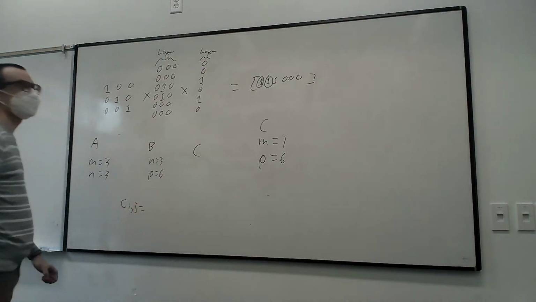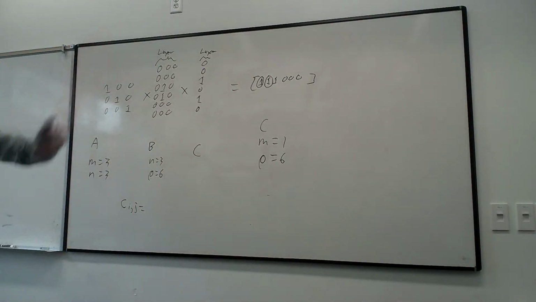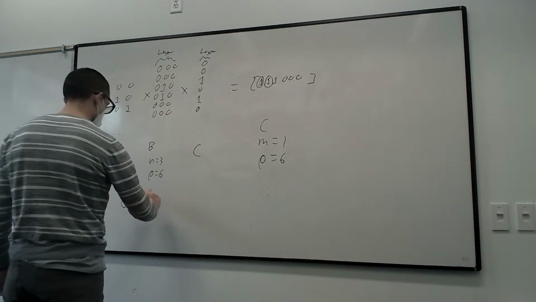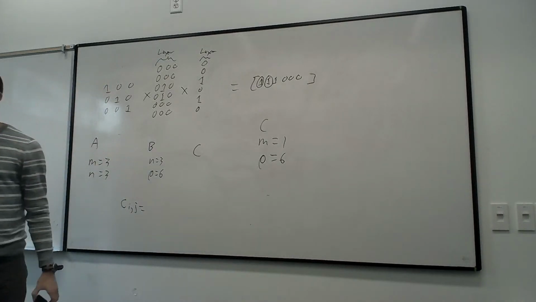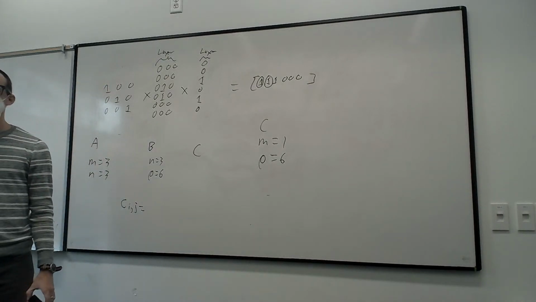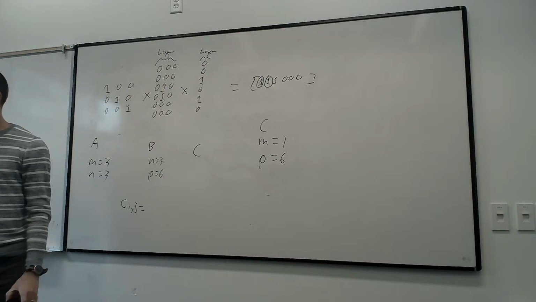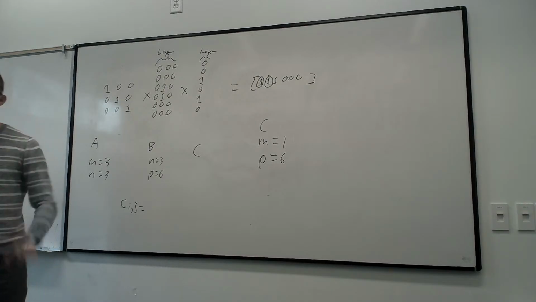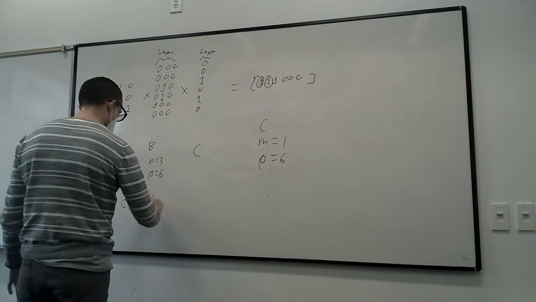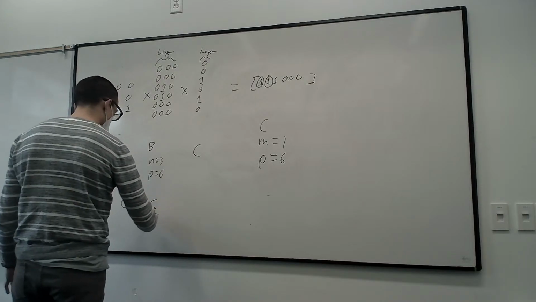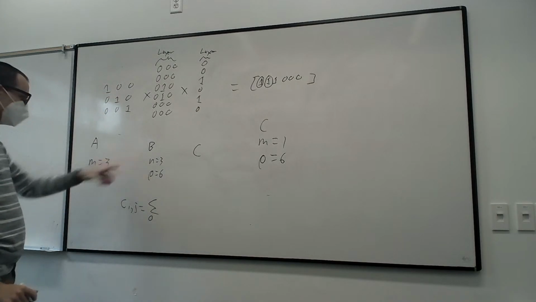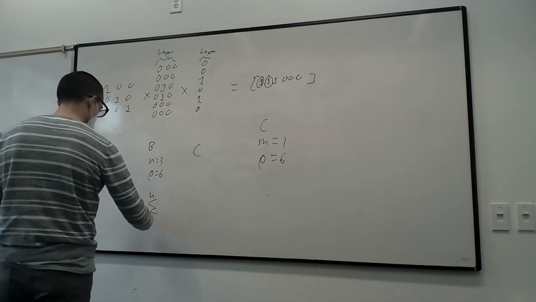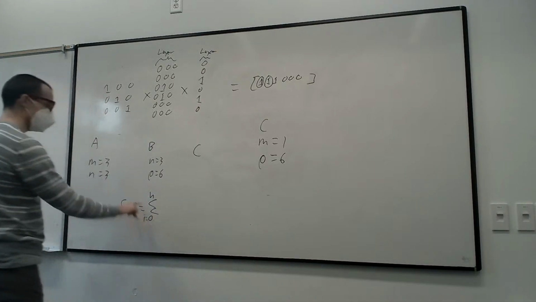Cij will equal the summation of, do you know what a summation is? Yes. I'm taking the sum over a vector, basically. In scientific computing. In mathematical notation, it's different. So I'm going to take the summation from 0 to n. I'm going to say i equals 0 to n. Why is that?